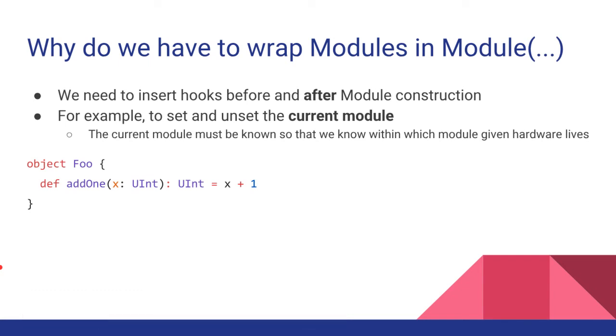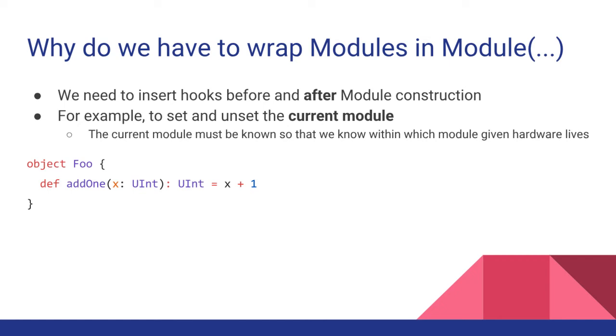Another common question is, why do we have to wrap modules in Module? This is because we need to insert hooks before and after module construction. An example of that is we need to be able to set and unset the current module. Why do we need that current module, as I mentioned earlier in the discussion of Builder and the dynamic context? It is global mutable state.